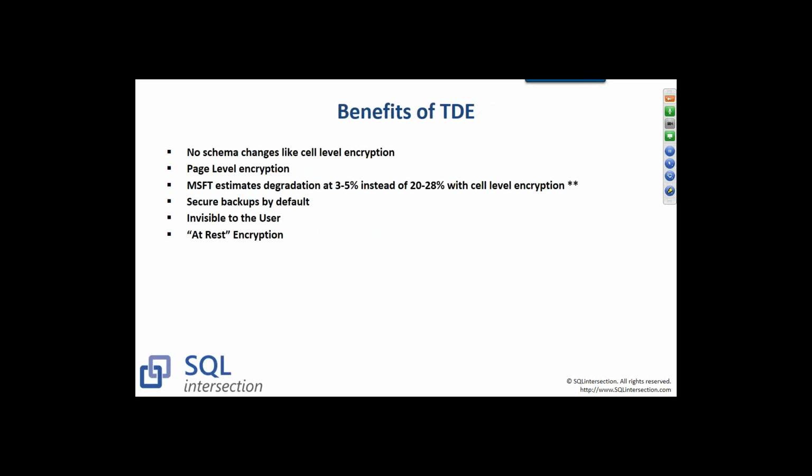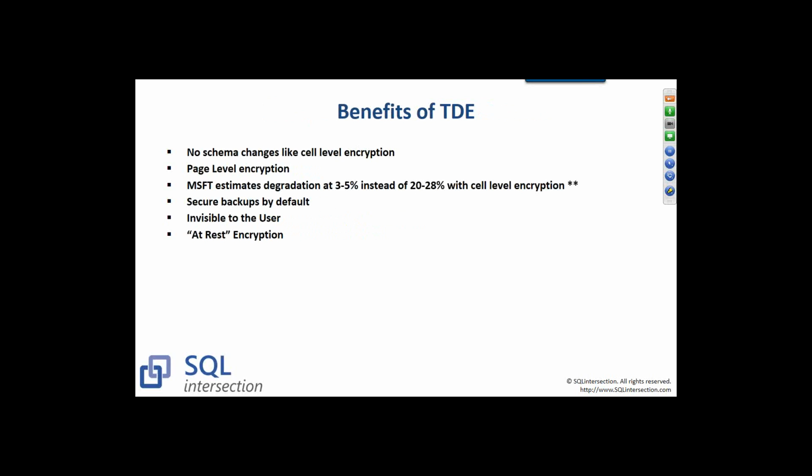Now, the third bullet indicates a degradation of speed. This was published a long time ago, and no one's really republished the article to say how much degradation you get. The reason is because hardware has vastly improved. This was published long before SSD came out, so if you have an SSD SAN or an SSD set of drives, these numbers will not apply.